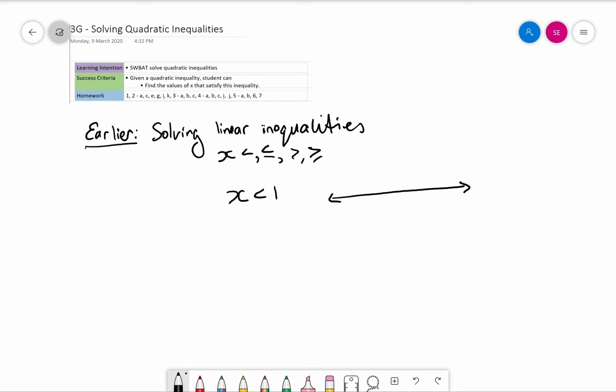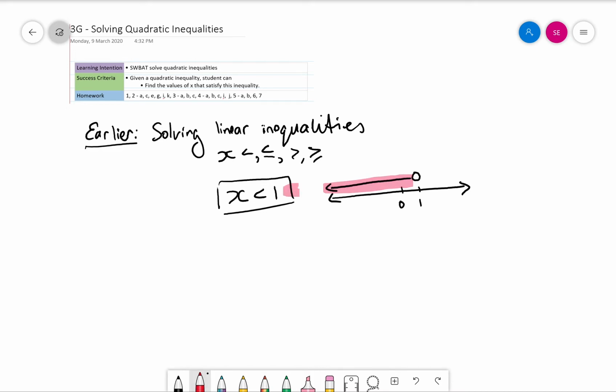If we have our number line here, then this inequality we can represent by this line here. So all of these x values here would satisfy that inequality.